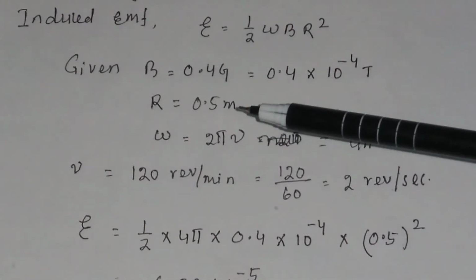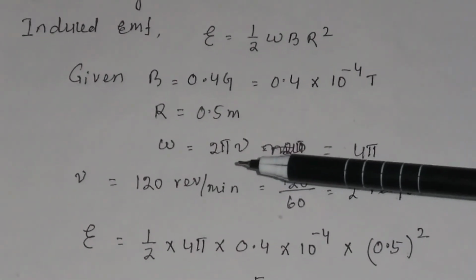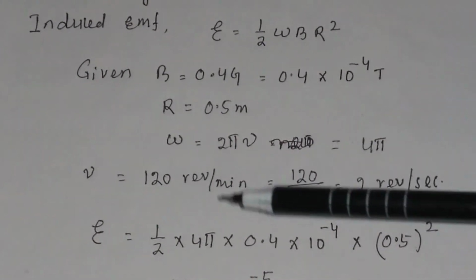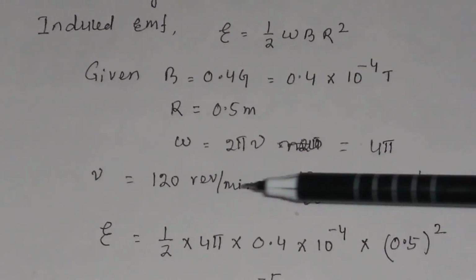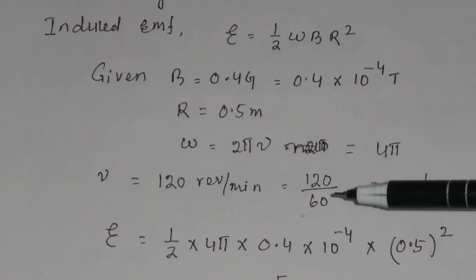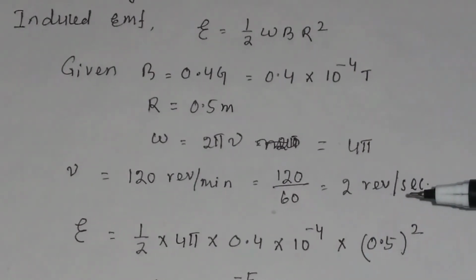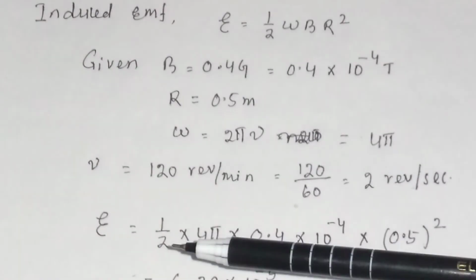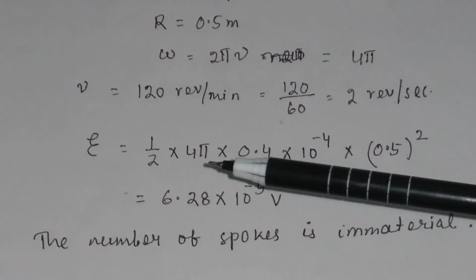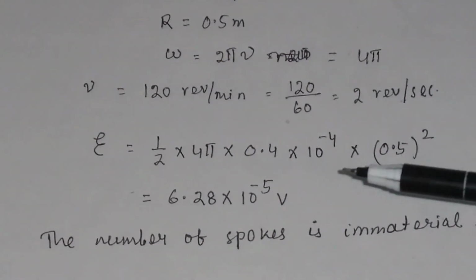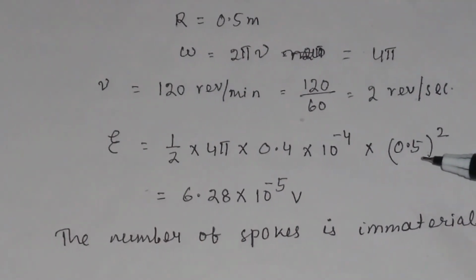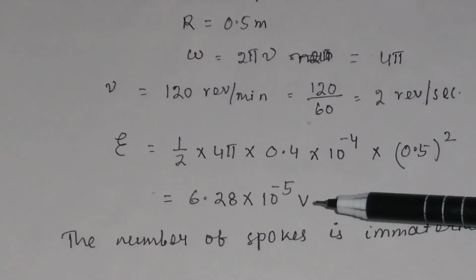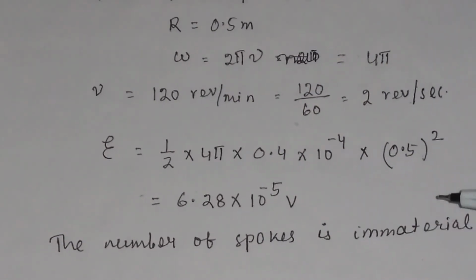The radius is 0.5 meter, omega is 2 pi nu, and because nu is 120 revolutions per minute, 120 divided by 60 is 2 revolutions per second, so omega is equal to 4 pi. So the EMF will be equal to half into 4 pi into 0.4 into 10 to the minus 4 into 0.5 whole square, and this will be equal to 6.28 into 10 to the minus 5 volt. So here you see the number of spokes is immaterial.